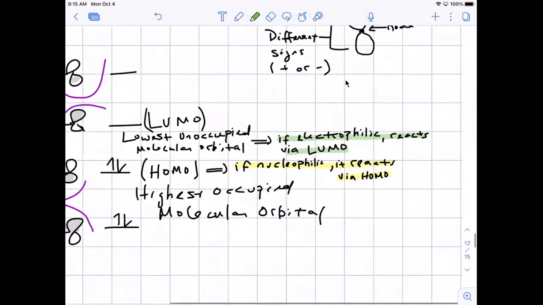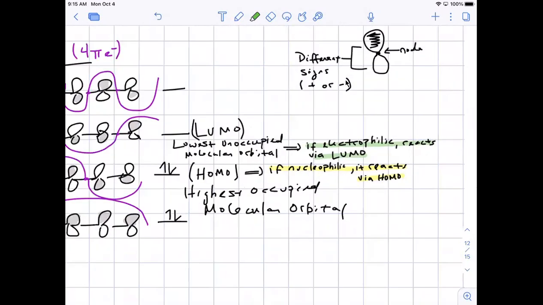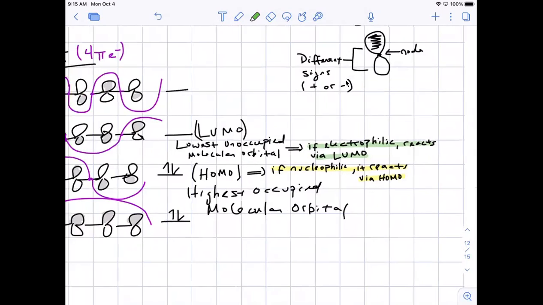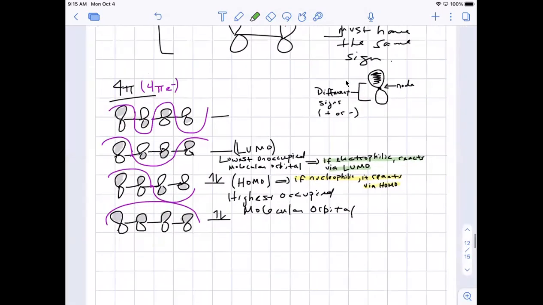Right, so if it's nucleophilic, it's going to react through the HOMO, because that's where the electrons are. And they are high energy electrons, so they're more accessible. If it's electrophilic, then it's going to react through the LUMO. All right. Now let's think about that 2-pi system.